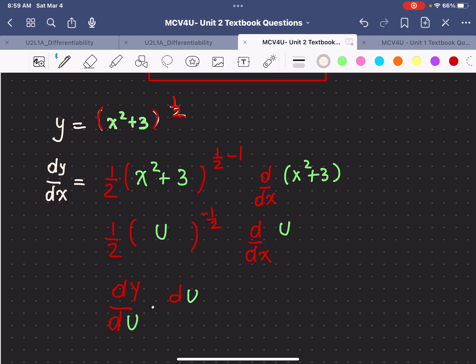So this is how differentiation in Leibniz notation works. Basically, in Leibniz notation, we differentiate the outside function in terms of whatever function you input inside y, and then you multiply by the derivative of the inside, which is the du/dx.